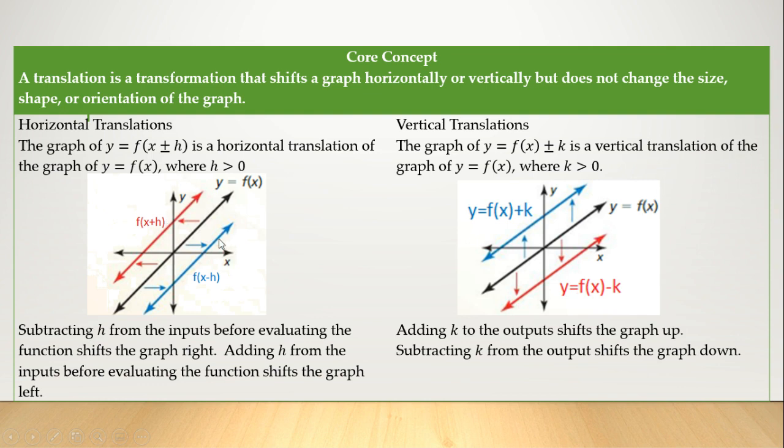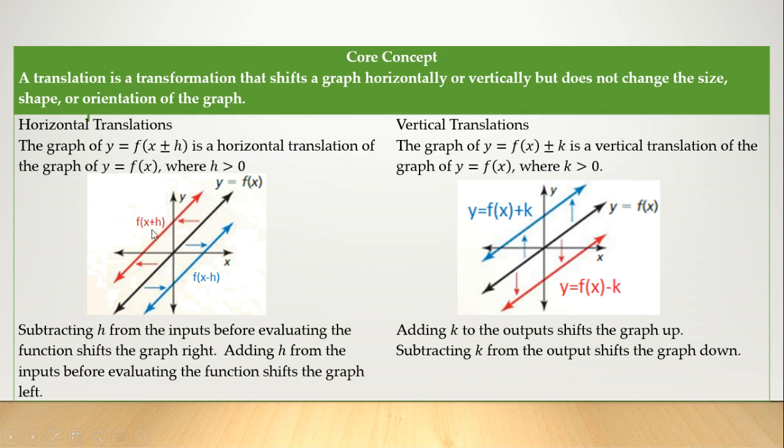The red and the blue represent some transformation that has happened to that function. In this situation, we've taken f of x and we've made a little change. We are adding or subtracting some number to the input. Now, this subtle little change to the function creates a horizontal translation.